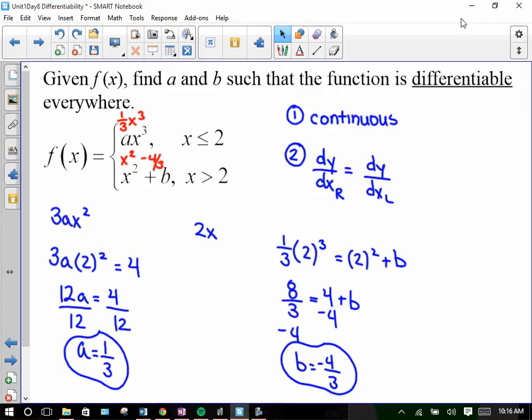That's what you're calculating. Because if you have 8/3, that's only 2.3333. I subtract 4 from 2.3, that's going to be a negative number.